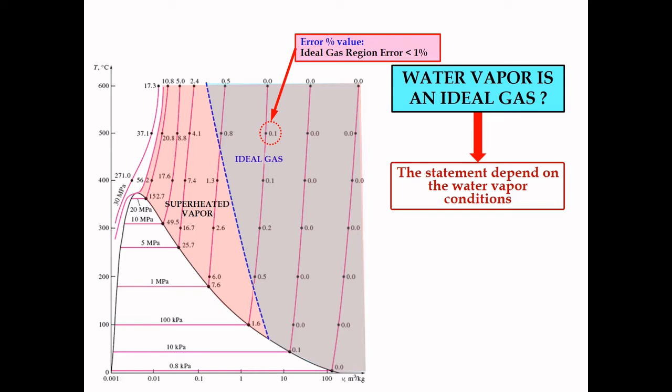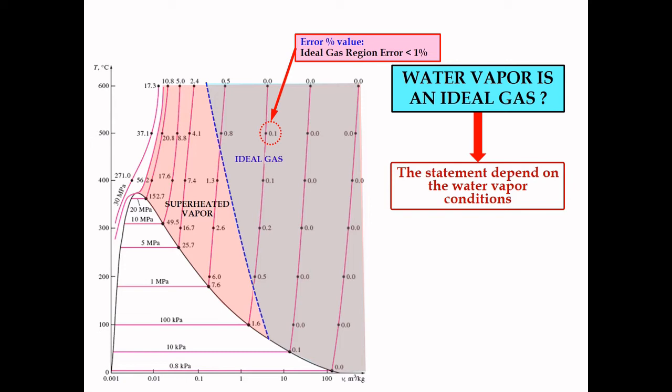The values on the constant pressure lines within the superheated vapor region represent the error percentage value. The ideal gas region is the region where the error percentage value is less than 1%. The selection of the ideal gas region in this T-v diagram is based on the error percentage value.